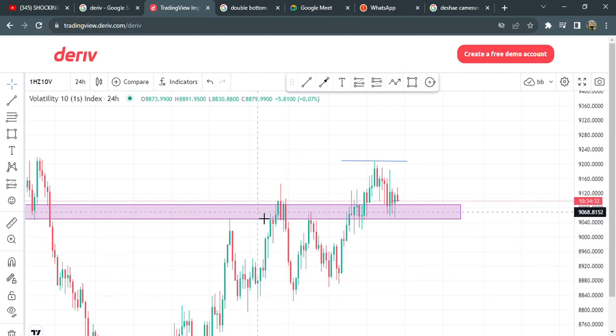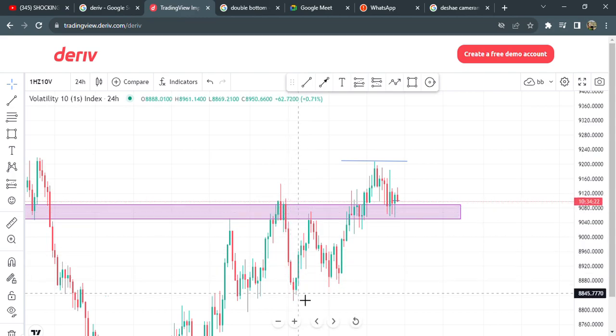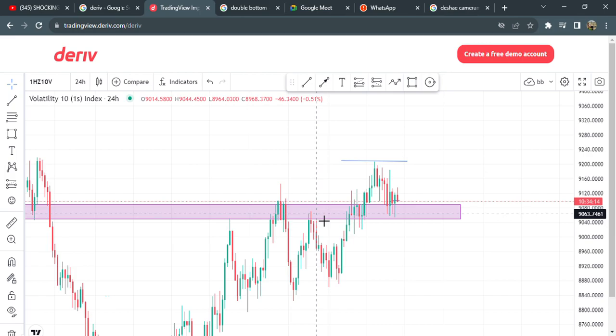So basically this is the resistance here. This market went down here to the demand zone, which is down here. Then the market went up to retest the supply zone, which is here, then back again. So remember we said the points of interest, we mark areas where there is impulsive movement, like this bullish candle that went down.